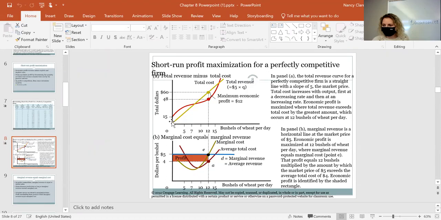But you can see here, we have total revenue, that's the yellow one, and total cost, that's the red. I would definitely give you a multiple choice question on this that just said, what's fixed cost? I hope you'd be able to tell me the answer. Can anybody tell me, by looking at this, what fixed cost is?